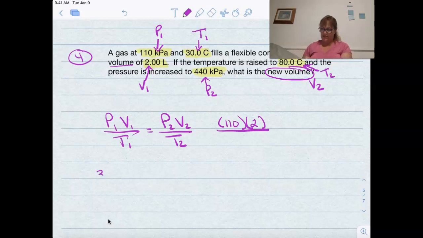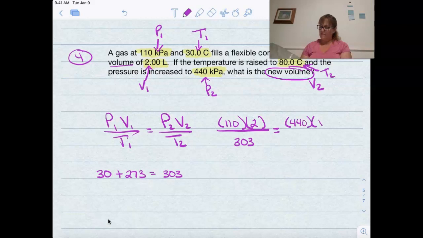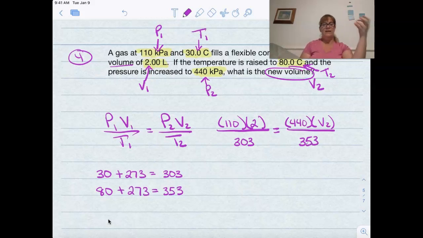We have to convert to Kelvin. 30 plus 273 equals 303 for our T1 equals P2, 440 kilopascals. V2 is what we're going to find. Our T2 is 80 degrees Celsius. We have to add it to 273. We get 353 for our T2. So notice we've raised our pressure, we've raised our temperature. Let's see what this does to our volume.